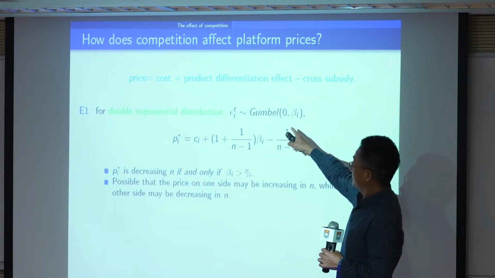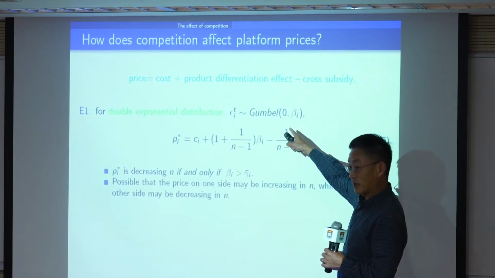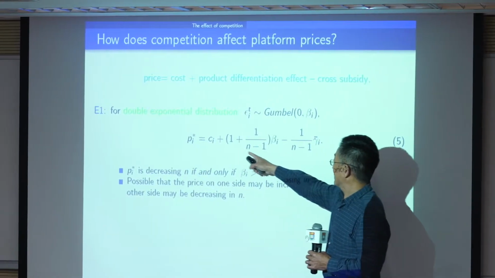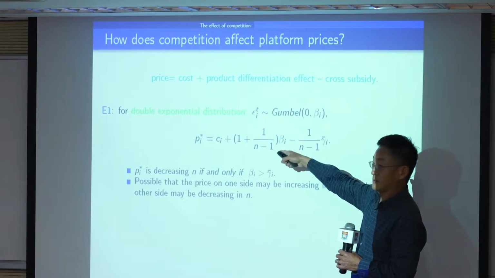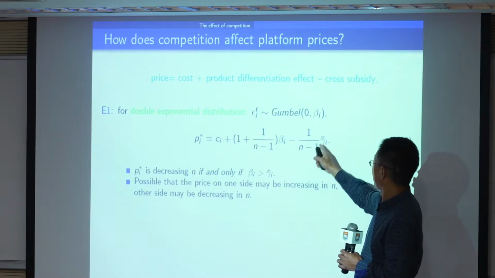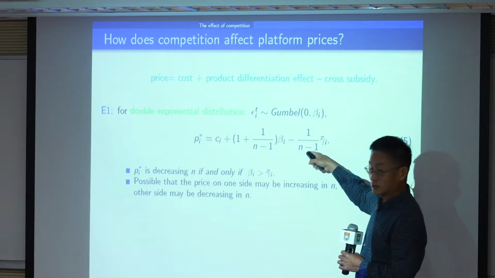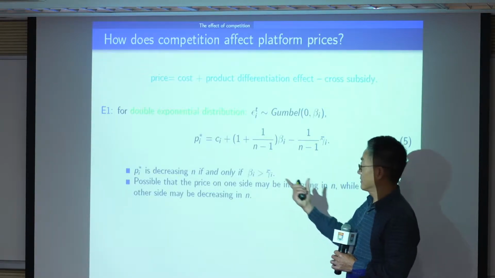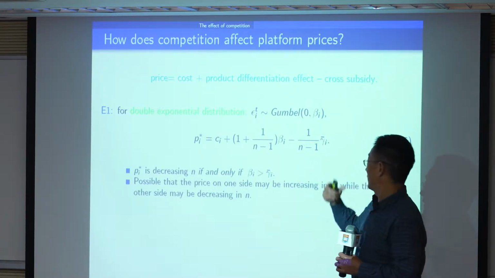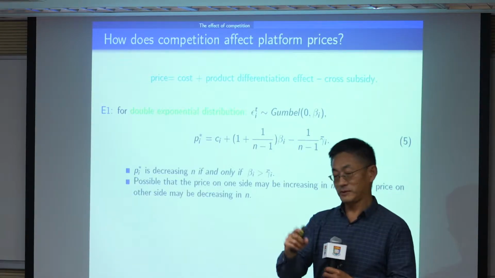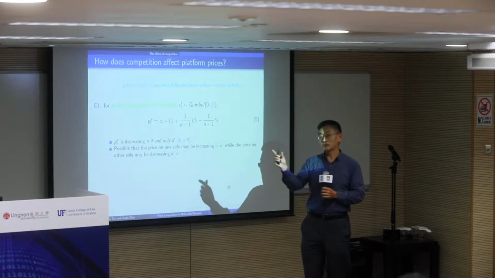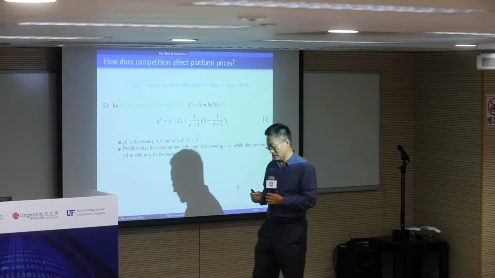So the most commonly used distribution is extreme value or double exponential. So the product differentiation effect is decreasing in n in the simple form. And the cross-subsidy is also decreasing in n. But the net depends on the magnitude of beta and gamma. So beta is a description of the degree of product differentiation. Gamma or gamma bar, which is aggregate across different sides.